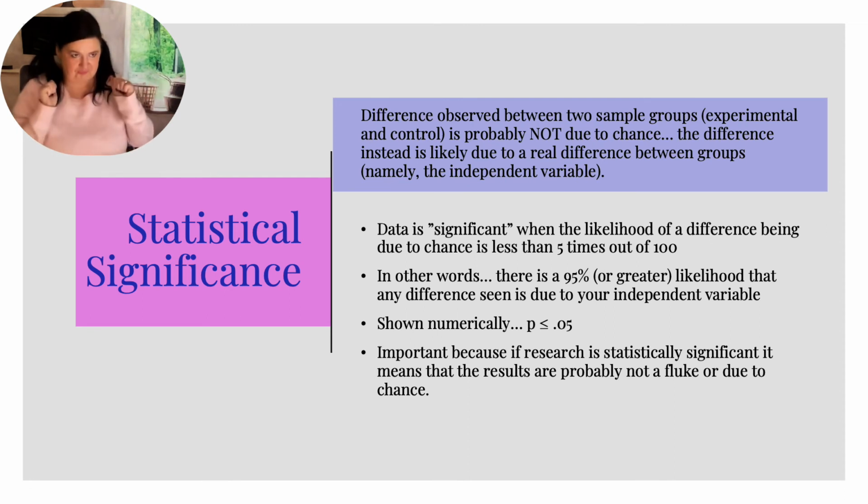All right. The difference observed between your experimental control group of teachers who drink caffeine and teachers who don't drink caffeine is probably not due to chance, right? It's actually due to a real difference between the groups, which, if you've done your job as a researcher, you've controlled for all the other stuff that could be impacting their alertness or their happiness.